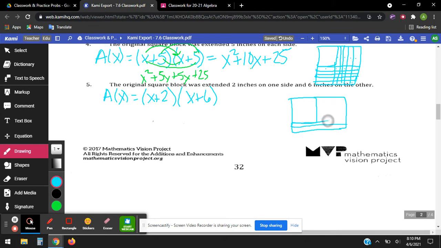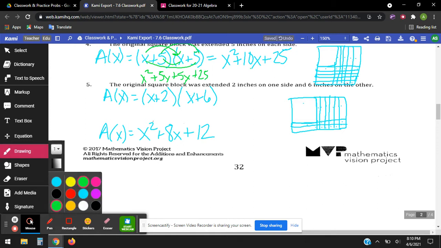So here's my 2, and then I'm going to have the 1, 2, 3, 4, 5, 6. So I know it's going to be equals 1x squared here, 1, 2, 3, 4, 5, 6, 7, 8, plus 8x's plus 1, 2, 3, 4, 5, 6, 7, 8, 9, 10, 11, 12, plus 12.